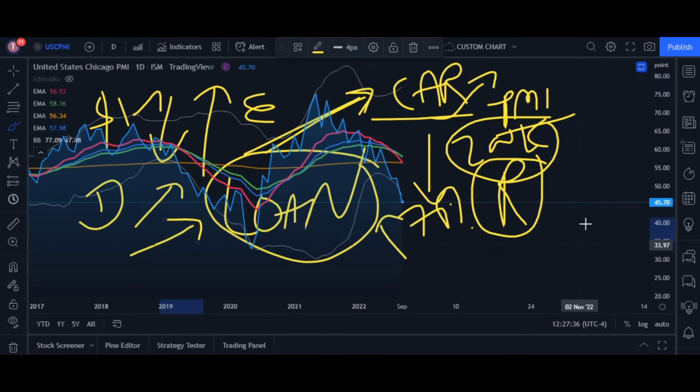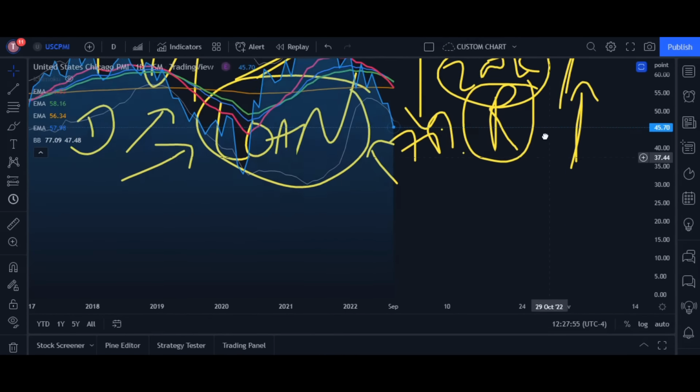Now, because the Feds are increasing the interest rates back to back, 75, 75, 50, they have increased the interest rates, and they are going to increase them further. Because the Feds are going to increase the interest rates, this will impact the banks. You need to understand how the system works.